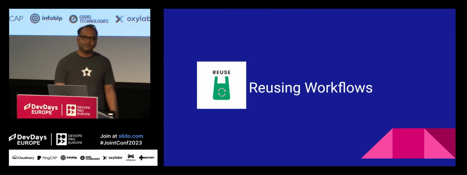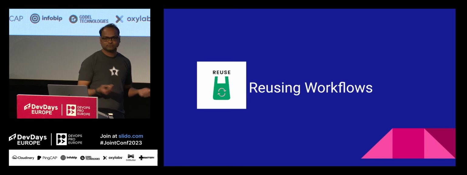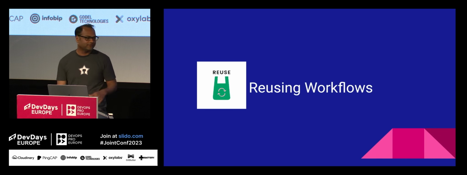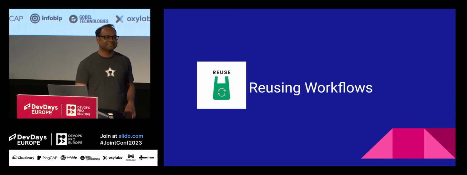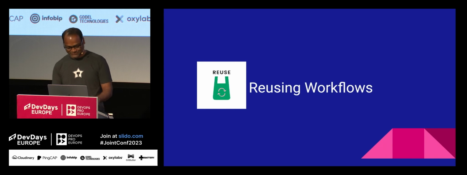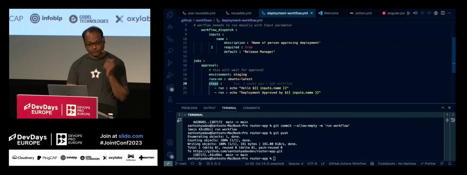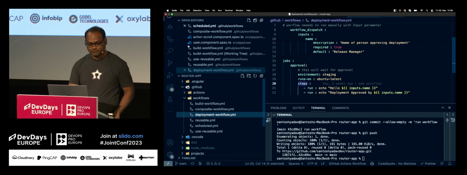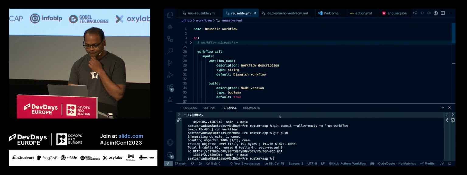But what about reusing workflows? Developers love to reuse things, right? Even though it is available, we will just spend like 10 hours trying to write our reusable things again. That's what we do. So let's see how we can actually write our own reusable workflow, and how it is a little bit different.